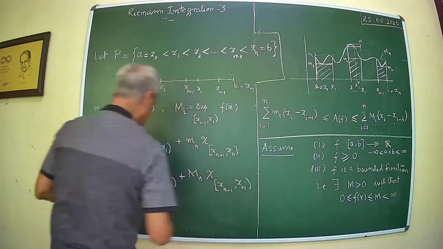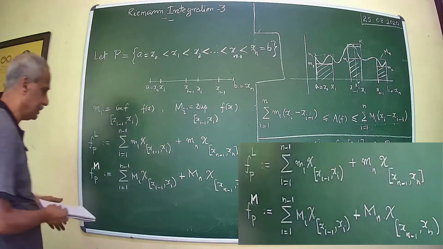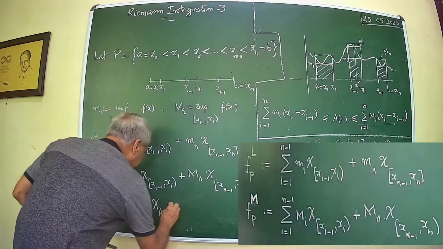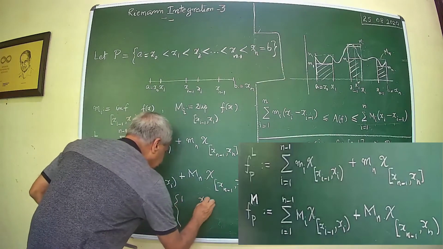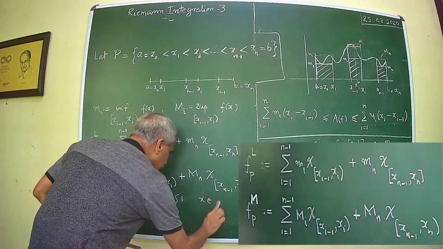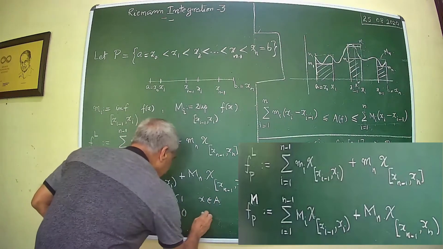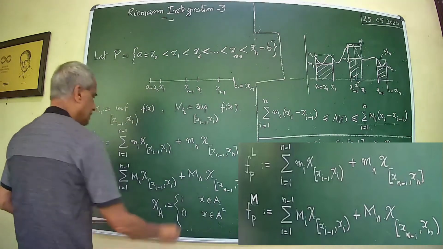What is this chi? Chi is the characteristic function, or what we call the indicator function, which is defined as chi of A equal to 1 whenever x belongs to A, and this is equal to 0 when x belongs to A complement. So this is the definition.